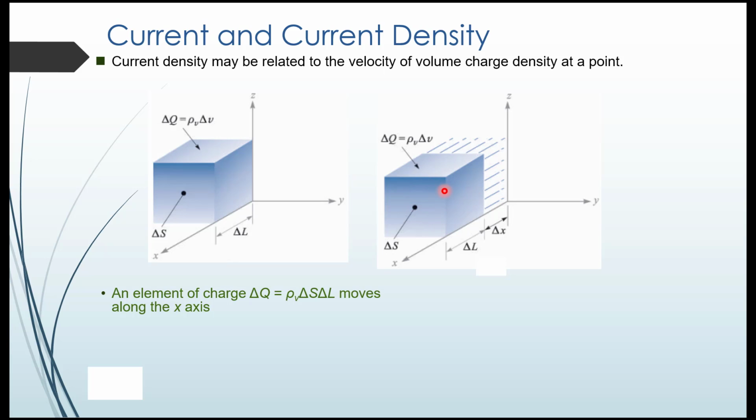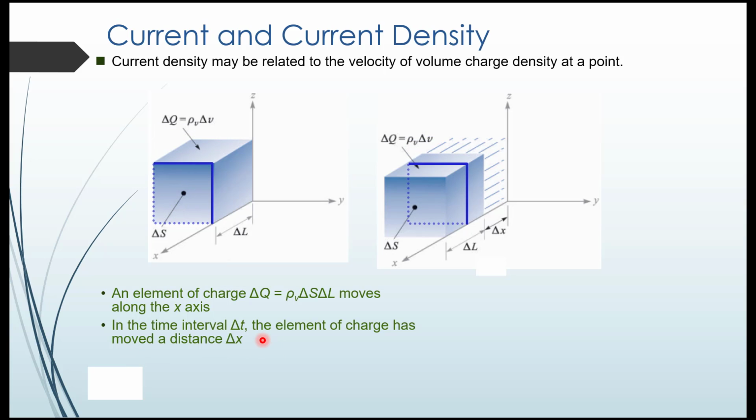If this volume is moved by a small distance delta x along the x-axis within a time delta t, then the change in charge can be given as follows. In time interval delta t, the element of charge, that is this cube which is filled with charge, has moved through a distance delta x.